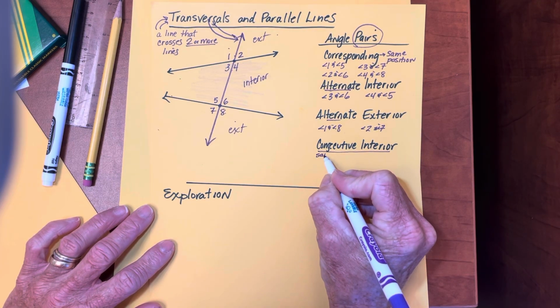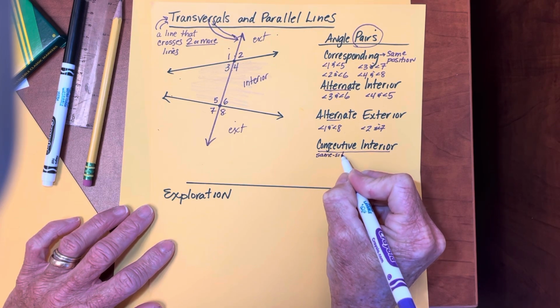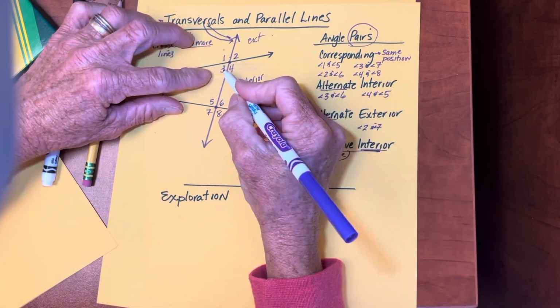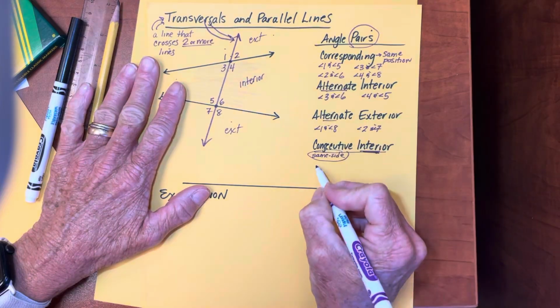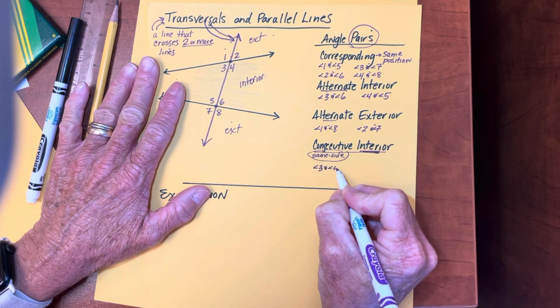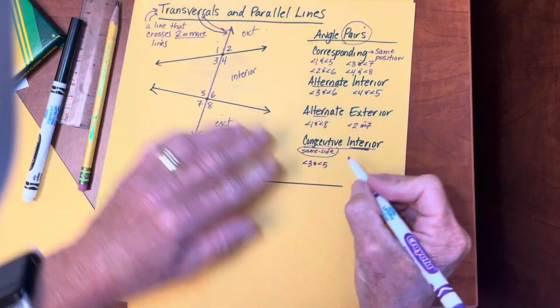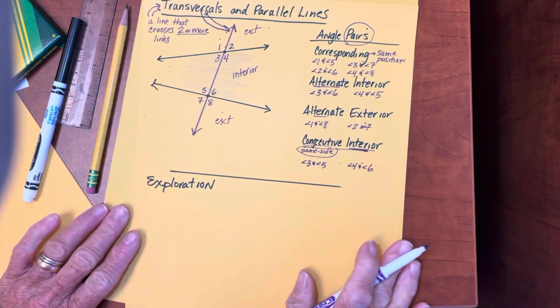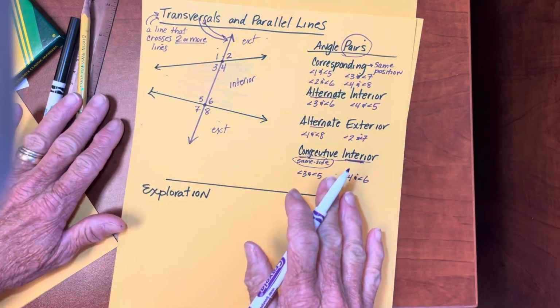These are going to be on the same side of the transversal on the inside. So one pair of consecutive interiors would be angles 3 and 5, and then the other would be angles 4 and 6. So that's just getting us used to the vocabulary.